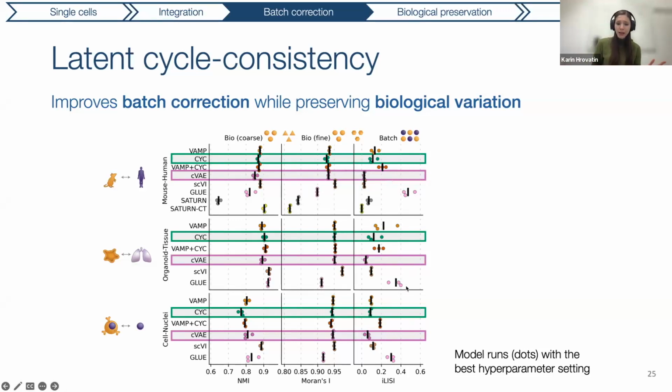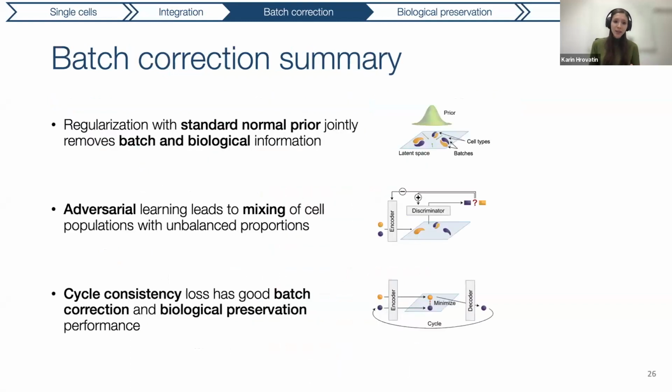So to summarize, if we use cycle consistency loss, we are better able to discriminate between biological and batch variation, and therefore we can get more truthful integration. Now, I would definitely not recommend tuning the regularization objective with the standard normal prior to remove batch effects, because this will also remove your biological information, and it's also not a very strong method.